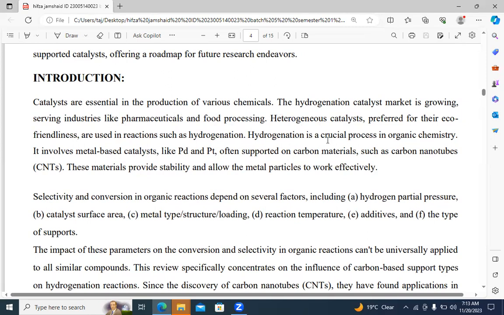Hydrogenation is a crucial process in organic chemistry related to carbon and hydrogen and their derivatives. It involves metal-based catalysts like platinum, palladium, also tin and lead. These are metal-based catalysts that we use on carbon nanomaterials.